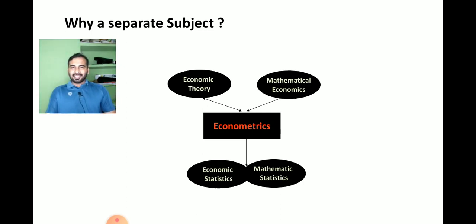Then it is the duty of a mathematician to convert an economic statement to a mathematical model. What is a mathematical model? A mathematical model is a simplified abstraction of a real phenomenon. If you have a real big phenomenon, that phenomenon can be simplified using an economic or mathematical model.